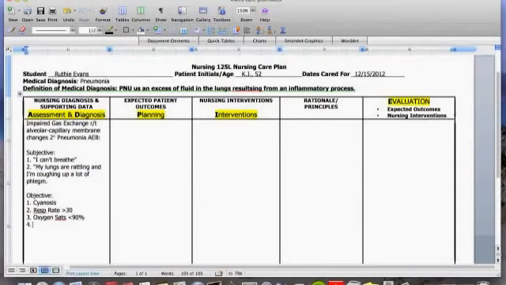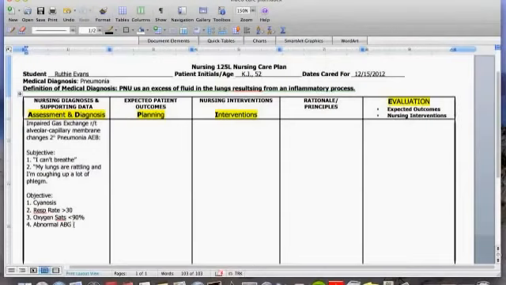I also noticed when I looked at her chart that she had abnormal ABGs, and hopefully you guys have heard about these. ABGs, they're arterial blood gases, and they're a lab that you'll be becoming familiar with if you haven't already. But let's make this a little more specific.